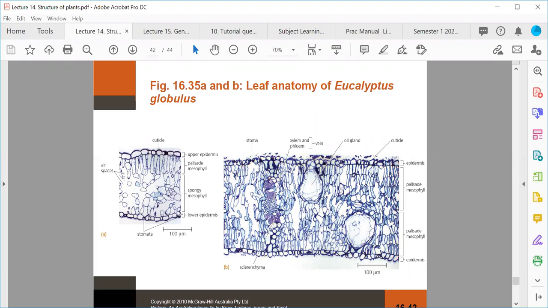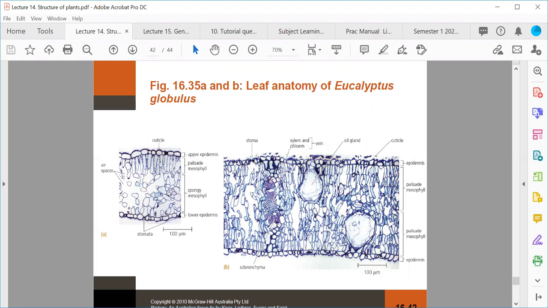At the bottom, we have a single layer of lower epidermis, and we can see here two stomata, and here three stomatal pores there.